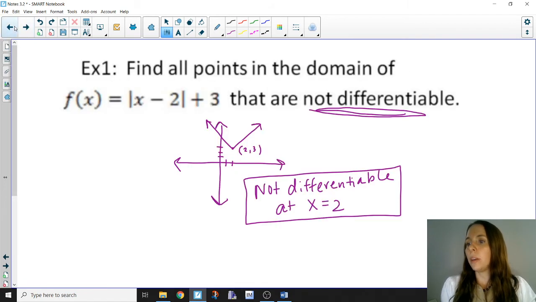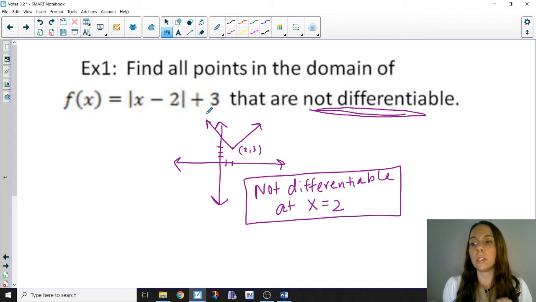Okay, I should probably go back to this for just one more second and remind you of something that we've already talked about. We're going to talk about it in detail here. And that is that whenever you have a function that has a discontinuity, that is definitely not differentiable, but that is not the only criteria for something being not differentiable.